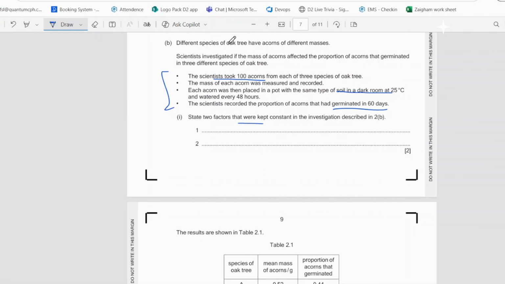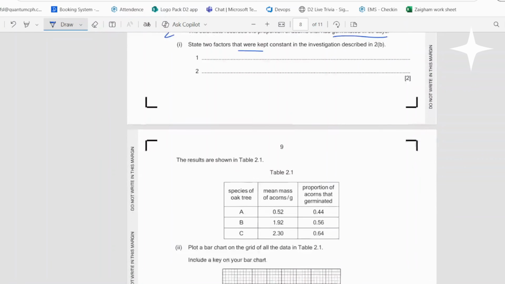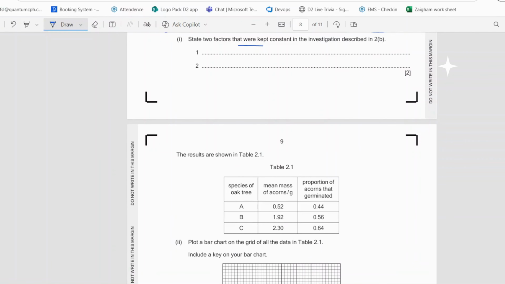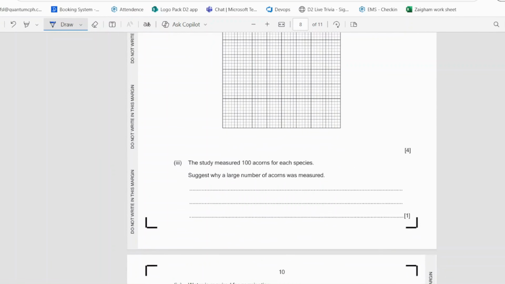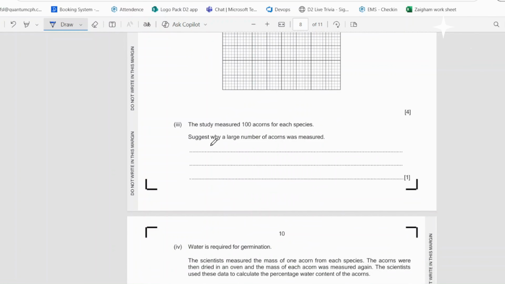Okay, state two factors that were kept constant in this investigation. Okay, temperature and species. Okay, next one, a table is given and you have to draw a graph. Why was a large number of acorns measured?